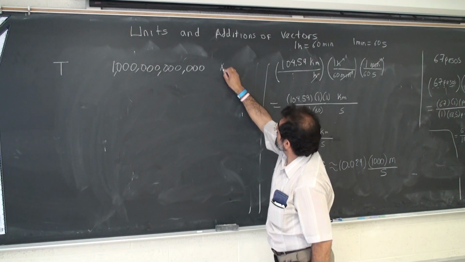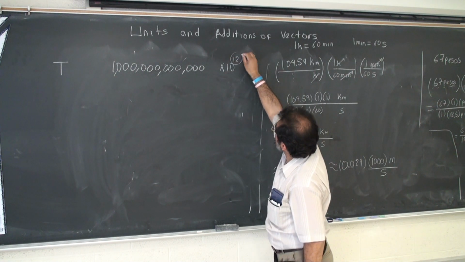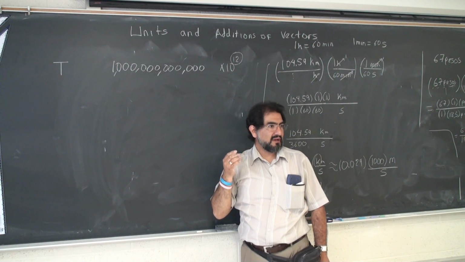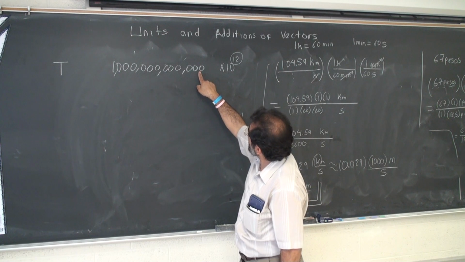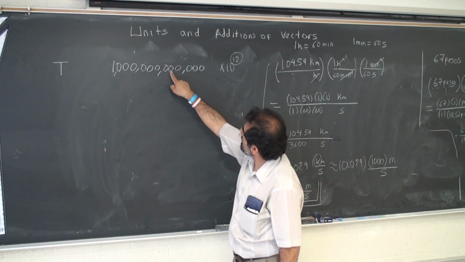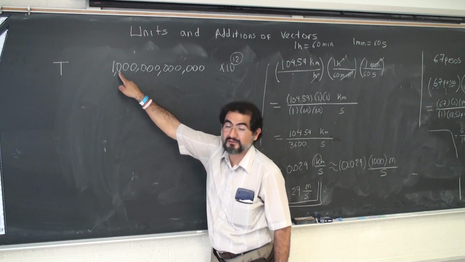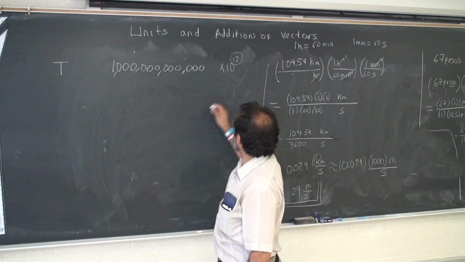You're going to see that it is denoted by 10 to the 12. This number is basically telling me how many zeros you have after the main number. So you can see 12: 1, 2, 3, 4, 5, 6, 7, 8, 9, 10, 11, 12 zeros. That we call tera.